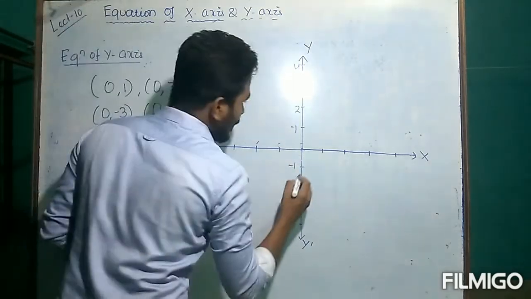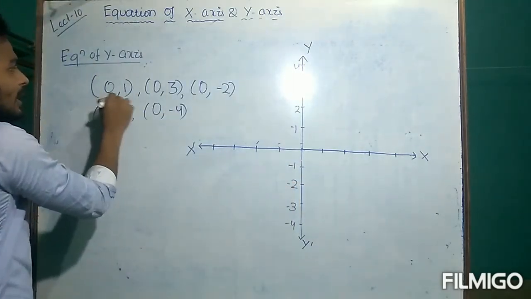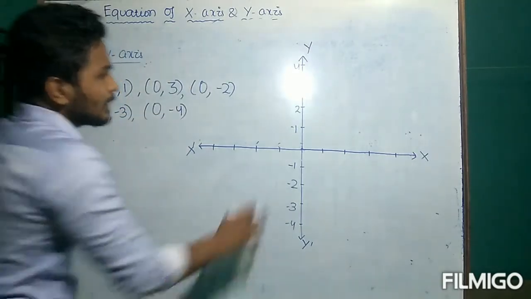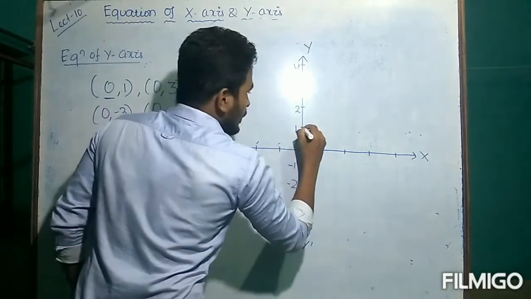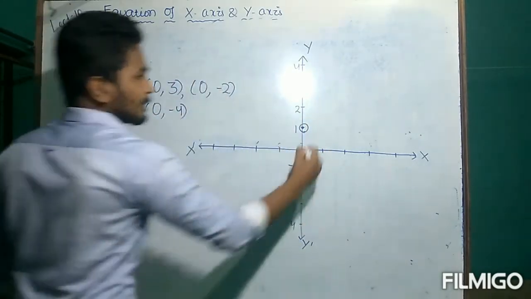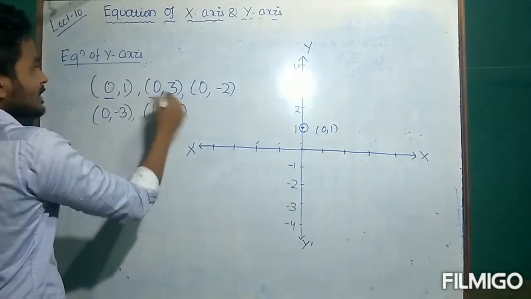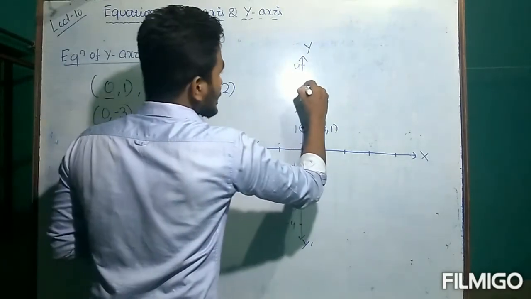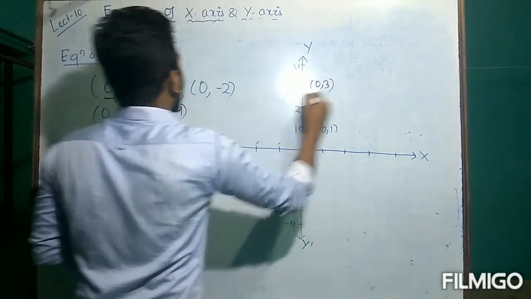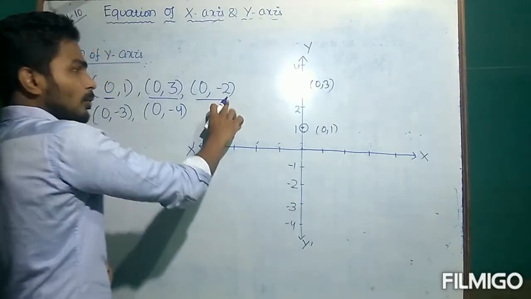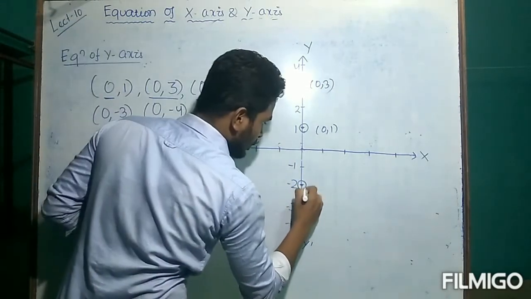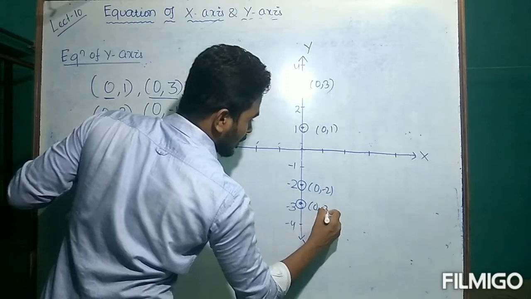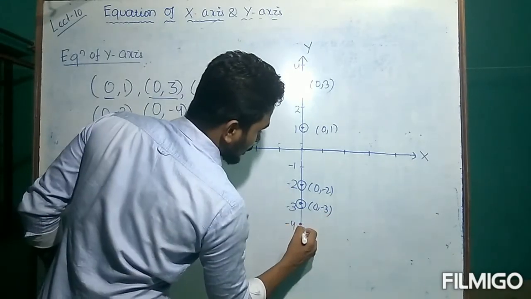Here the x coordinate is 0, so it must lie on the y-axis. Let's represent (0, 3). Here also the x coordinate is 0, so it must lie on the y-axis. Then (0, -2) should lie on the y-axis in the negative direction. This is (0, -3), and this point is (0, -4).